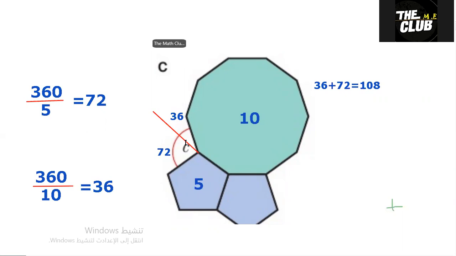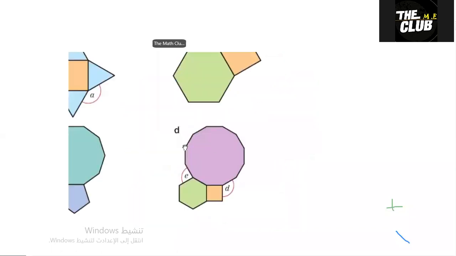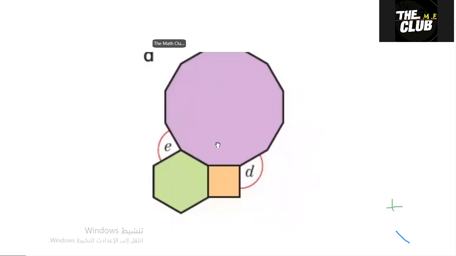Now, let's move on to the next shape. Let me remove these. I'm going to use the same idea to answer the question for shape D. Now, for shape D, we have two exterior angles that we're going to work on.